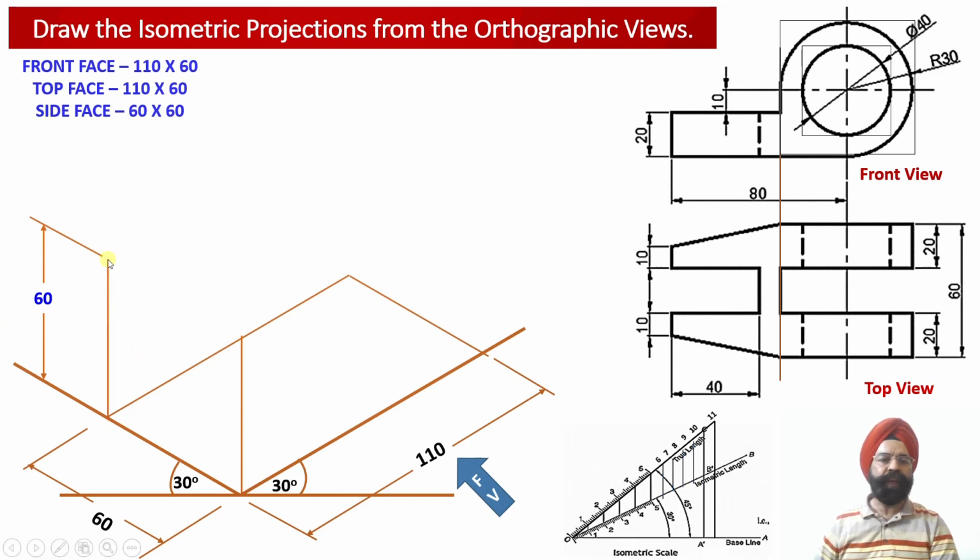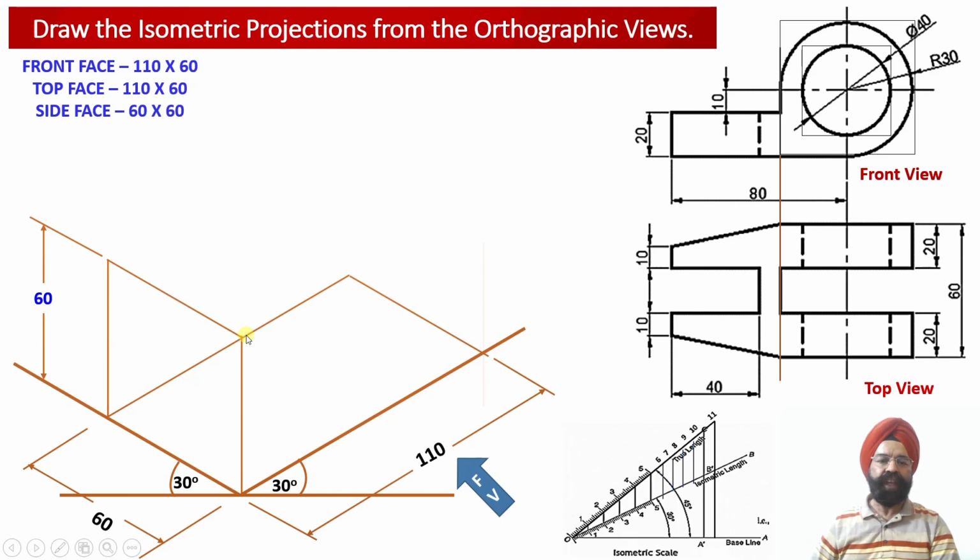And once we draw another isometric projector line having a height equal to 60 millimeter parallel to this isometric y-axis, we are able to obtain the height of the solid over here. Then once we draw another isometric projector line over here parallel to this isometric x-axis, the left hand side view face of the solid, measuring 60 millimeter width and 60 millimeter height, has been appropriately obtained over here.